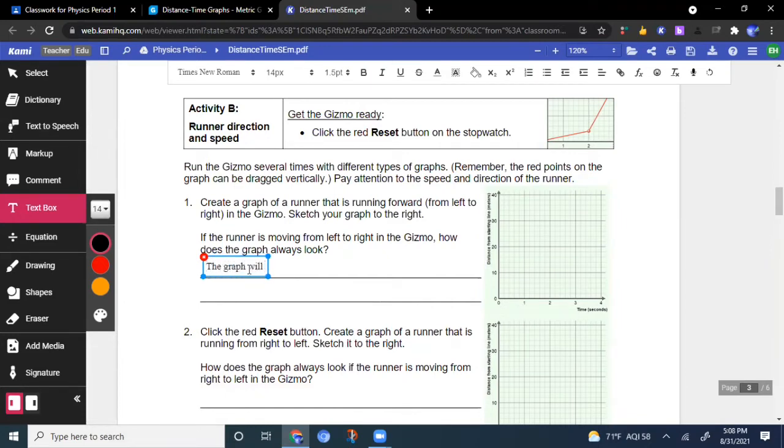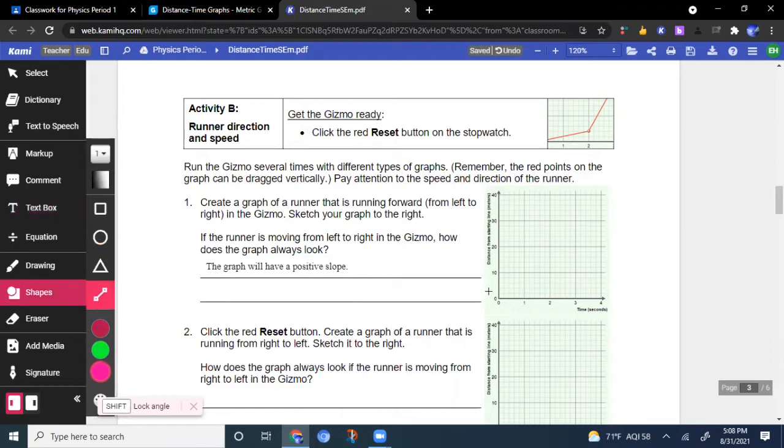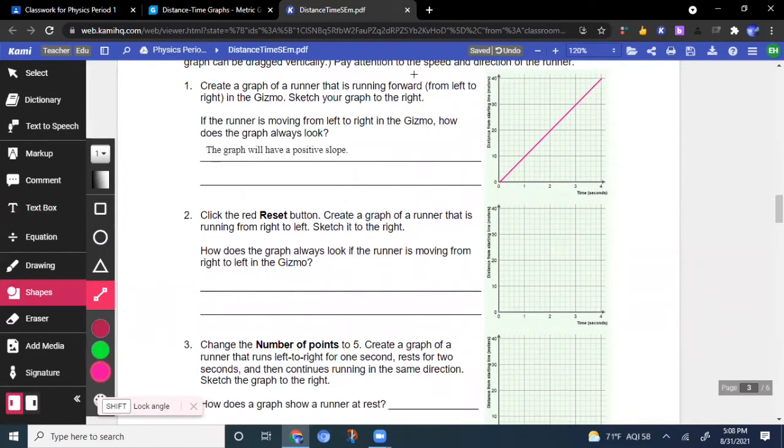The graph will have a positive slope. In other words, it will slope up from left to right. Okay, now what will it look like? Well, if we draw a graph in here, one possibility would simply be a graph that looks like this. Any graph that you produce, no matter where it starts from, as long as the slope is upward, that would be correct. This is just one possible example.